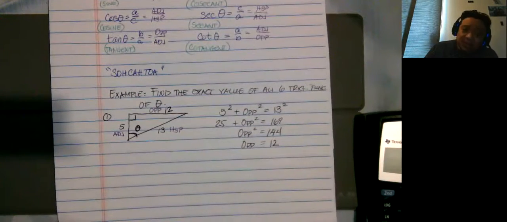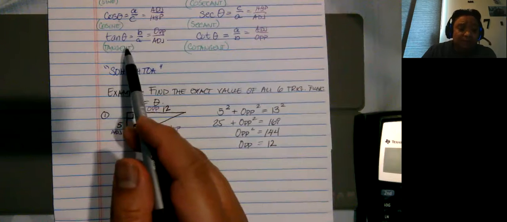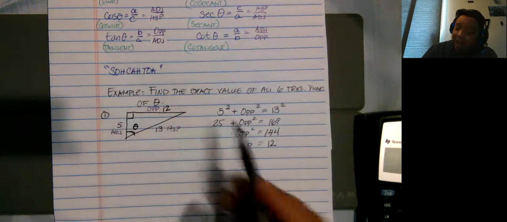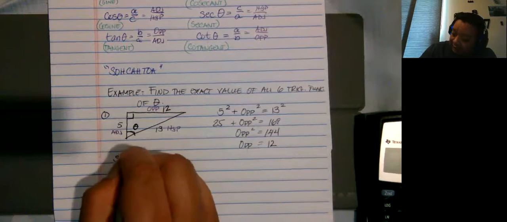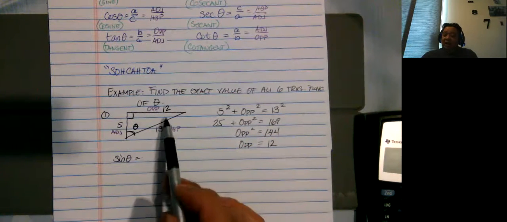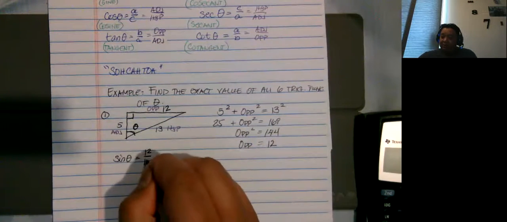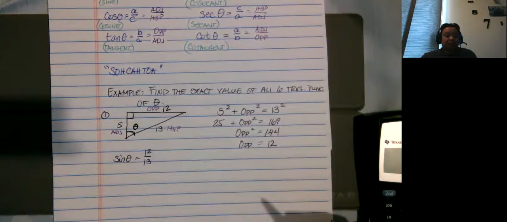Now, the order does not matter as long as you have all six, but I usually go through the three main ones first. So your sine theta, which is opposite over hypotenuse. In this case, the opposite is 12, the hypotenuse is 13. Okay.